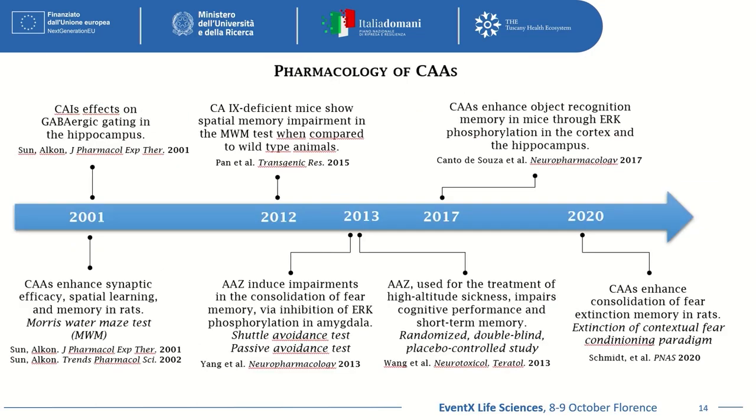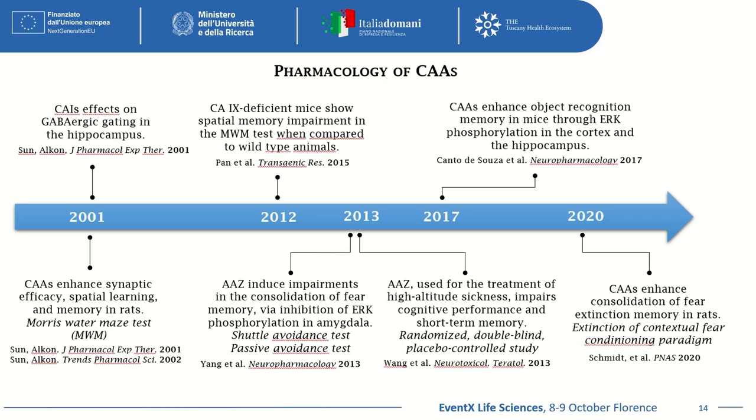And the pharmacology of the activators is also rather complicated. I will not mention everything, but in 2017, with the group of Patrizio Blandina, we showed that the activators which were administered to an animal model helped an enhancement of the object recognition memory.